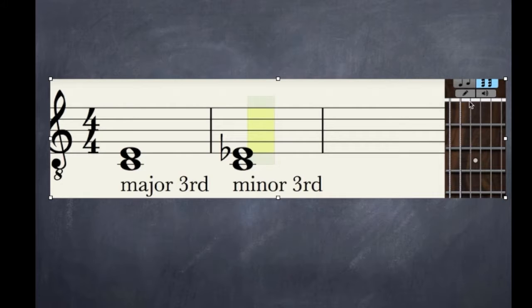Now we're going to investigate the sound of major and minor thirds. To do so, I'm going to start with the beginning of my interval of a third to be C, which appears here on the stave. Now I'm going to play this E, which is on the 4th string, 2nd fret.